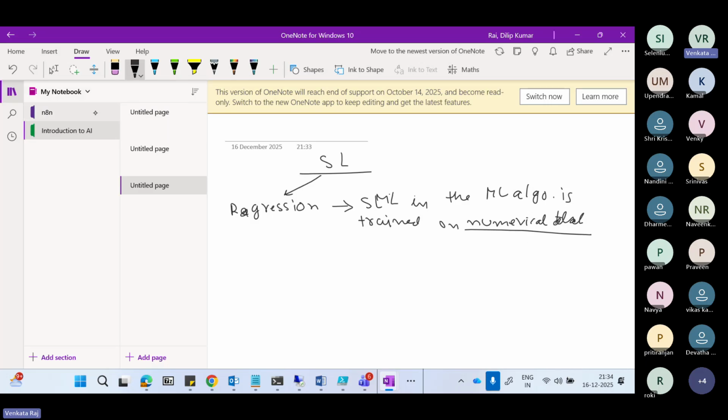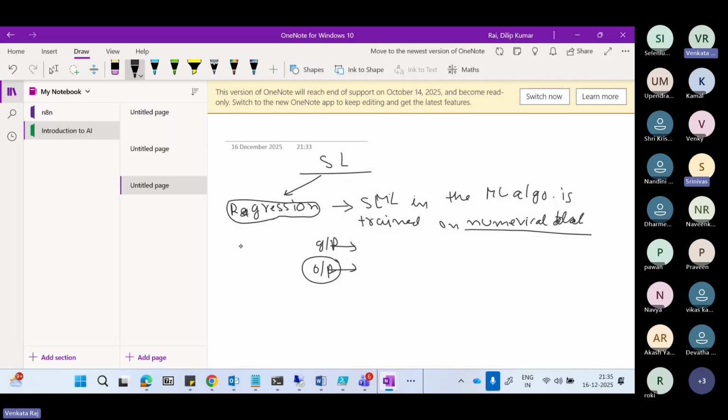So in supervised machine learning, regression is a type in which we have trained the model, we have fed input and the output, but this output is numerical. We are not feeding categorical data. So this is the supervised machine learning regression type. That means it operates only on the first data type, numerical data type. Yes, we feed only numerical data as the output data.